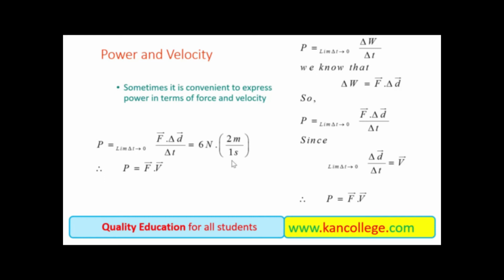In every 1 second, we are storing energy in that body, doing work on that body at the rate of 12 joules every second. So, if the body moves faster by applying that force, it means that more power is being delivered. The force dot velocity is known as power.